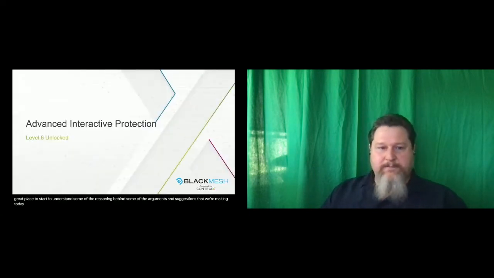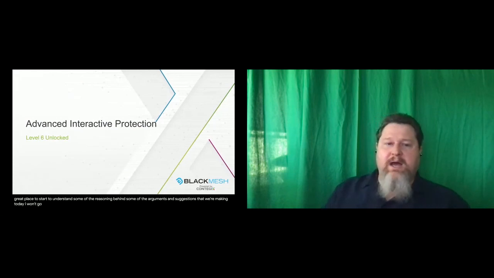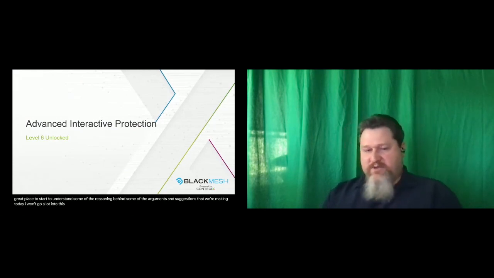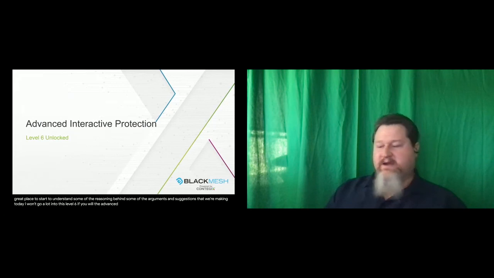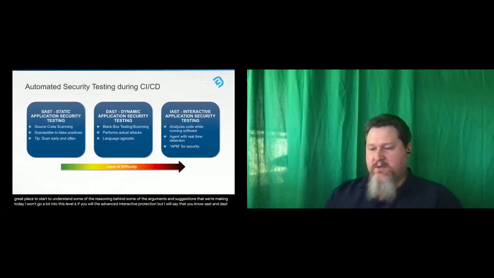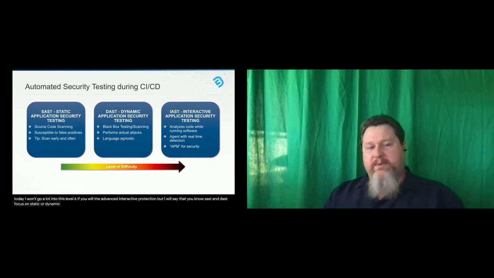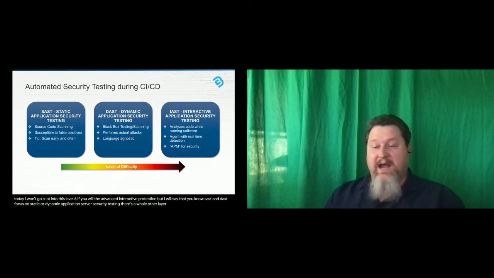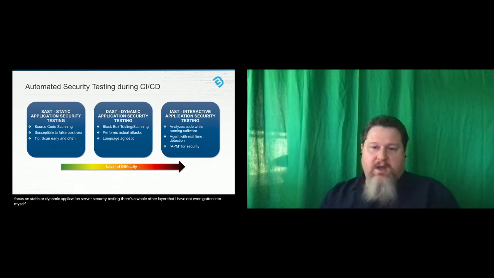I won't go a lot into this level 6, if you will, the advanced interactive protection. But I will say that SAST and DAST focus on static or dynamic application security testing. There's a whole other layer that I have not even gotten into myself, but it's called interactive application security testing.